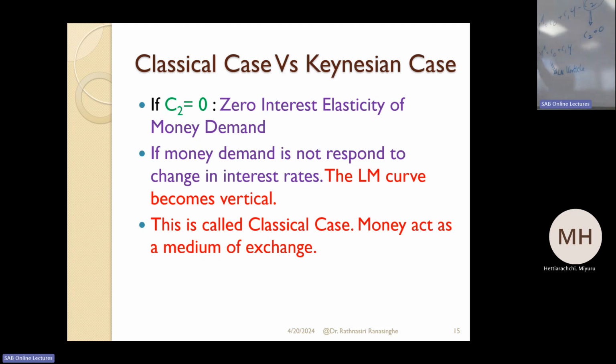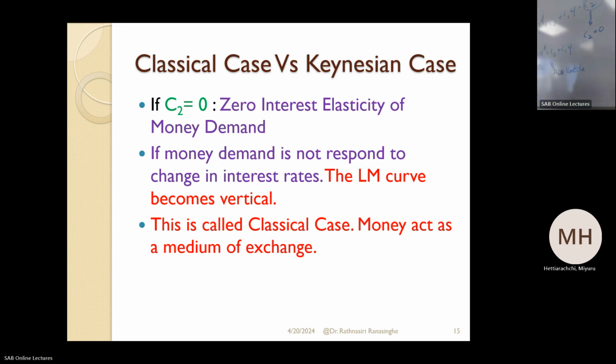Even though the interest rate changes, Y equals minus C naught divided by C1 at this point. So this is the LM curve. Even though the interest rate changes, income does not change.